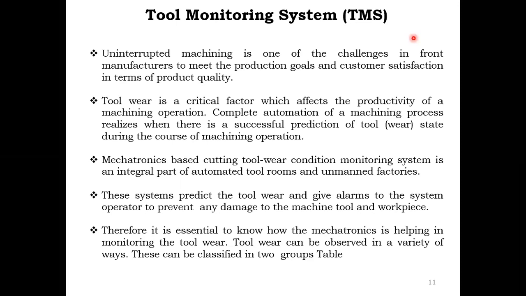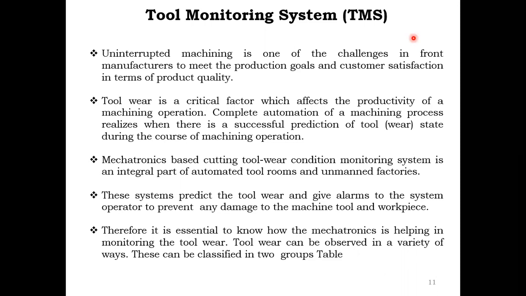The mechatronics based cutting tool wear condition monitoring system is an integral part of automated tool rooms and unmanned factories. These systems predict the tool wear and give an alarm to the system operator to prevent any damage to the machine tool and workpiece. Therefore, it is essential to know how mechatronics is helping in monitoring the tool wear.